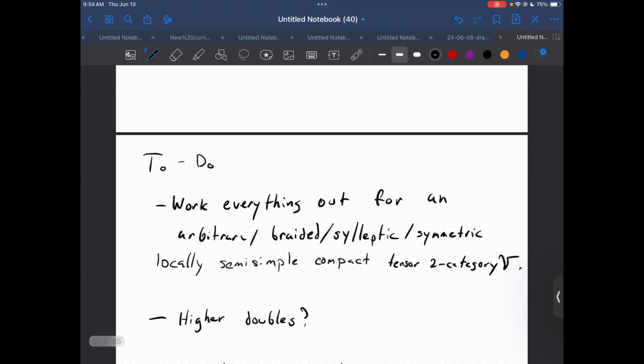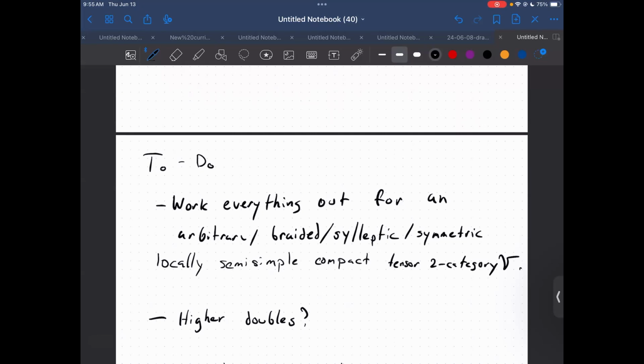Okay. There is some story to tell, I think, about the higher centers. So in a 2-category which is braided, you can have an object plus a way to trivialize the double braid. And so maybe you can figure out how to do some sort of higher quantum double from this.